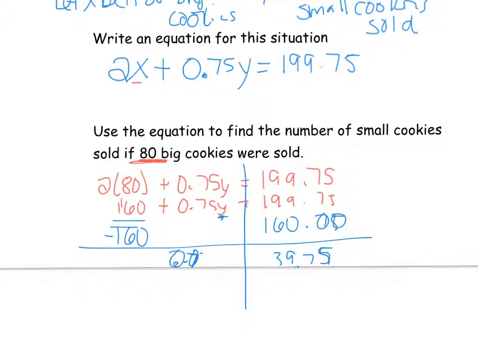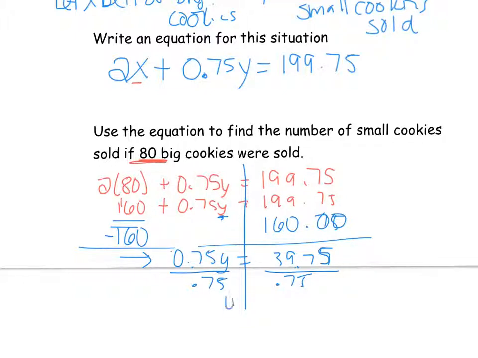Let me try writing 75 cents again. 0.75y. Okay, so this is the amount of small cookie sales. So we know from our past experience with solving equations, y is being multiplied by 0.75. So we have to figure out how many times 0.75 goes into 39.75.